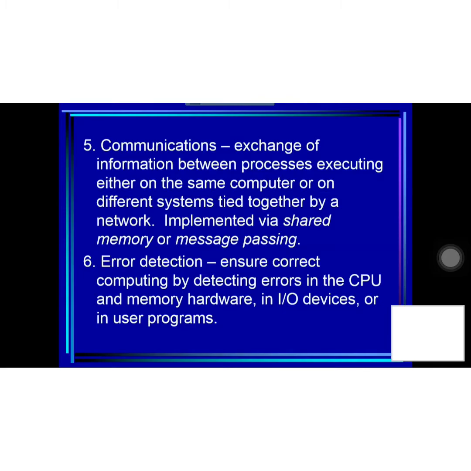Sometimes it has no choice but to halt the system. At other times, it might terminate an error-causing process or return an error code to a process for the process to detect and possibly correct.